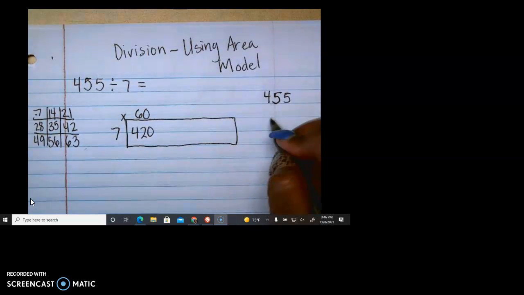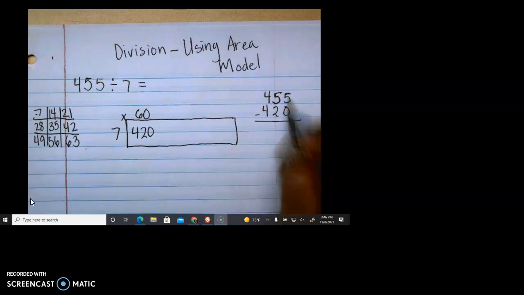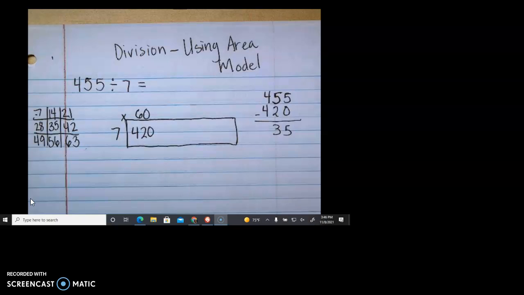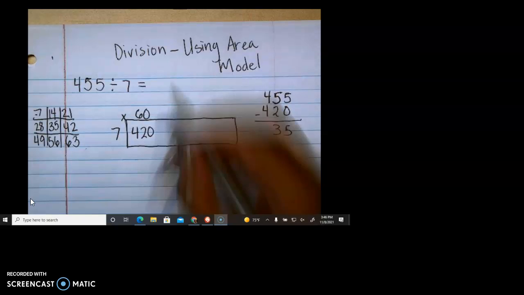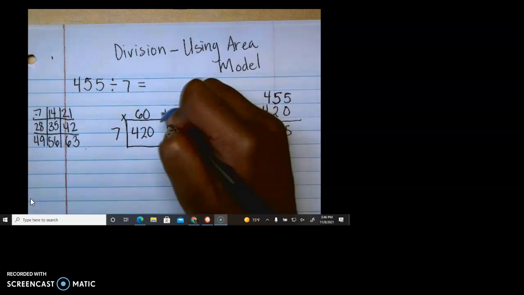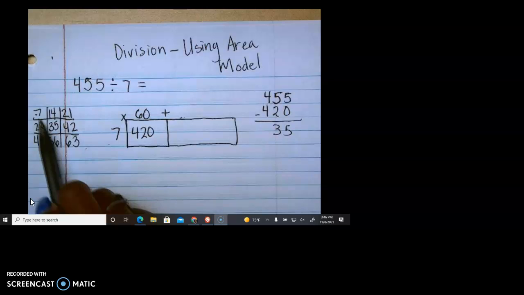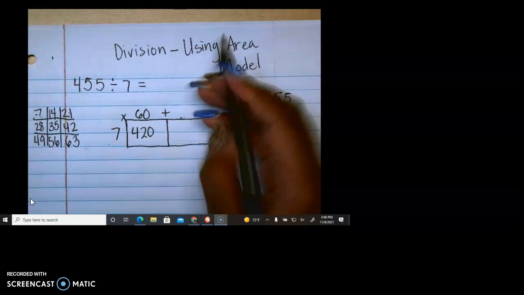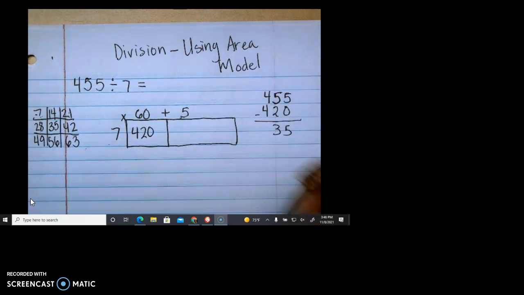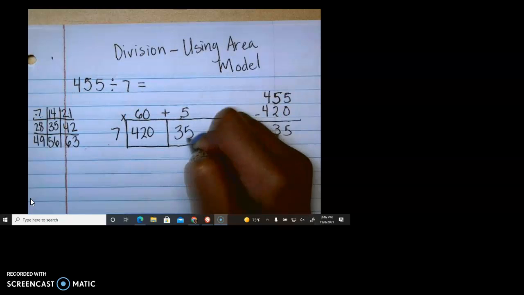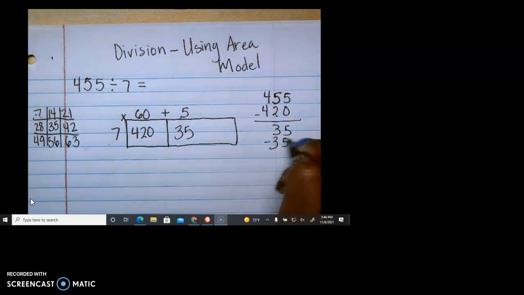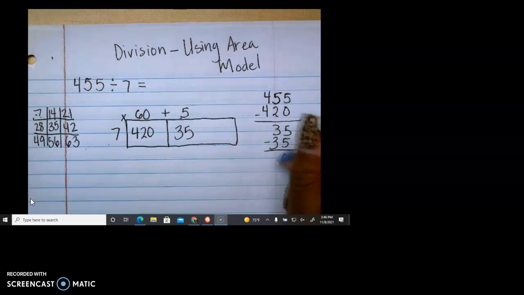That would take away a very large chunk of this, and that would only leave me with 35. Well, 7 times what would give me 35? 1, 2, 3, 4, 5. Oh, duh. 7 times 5 will give me 35. When I take that away, I'm left with 0.